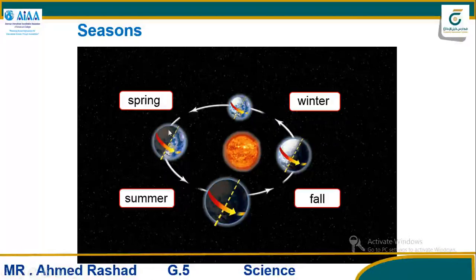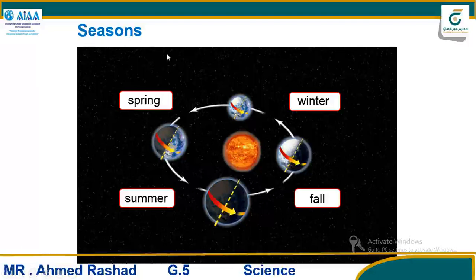So you can watch that in the summer the southern hemisphere is nearer to the Sun, so that causes the hot climate or hot weather, and in the winter the northern hemisphere is nearer the Sun, and that causes the cold climate or cold conditions on Earth.